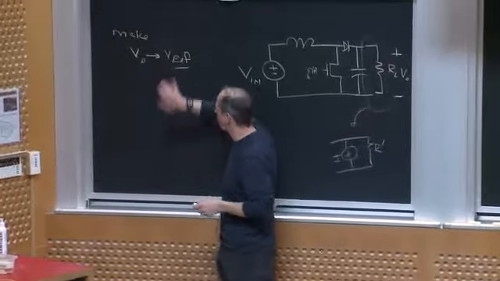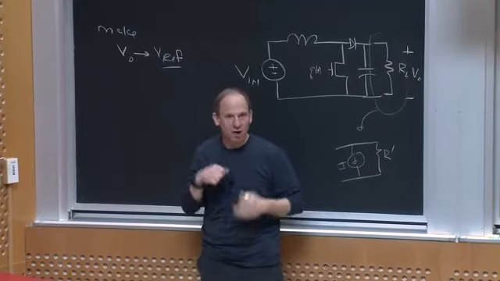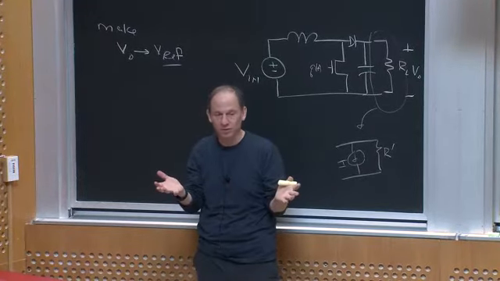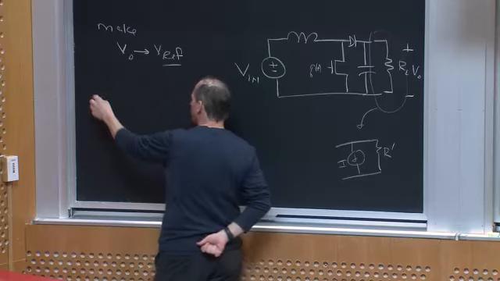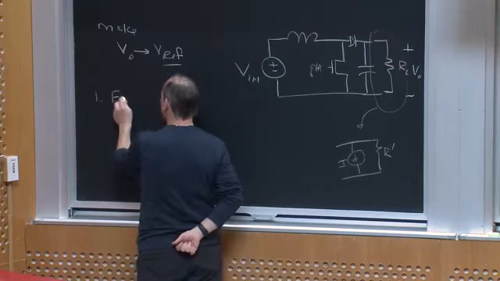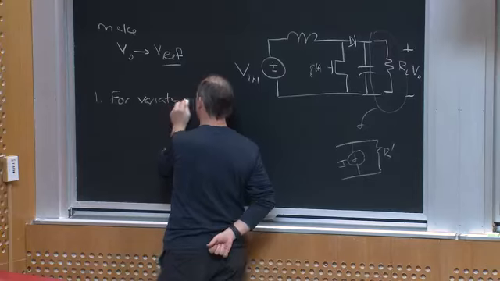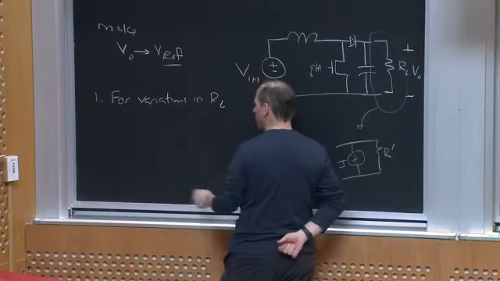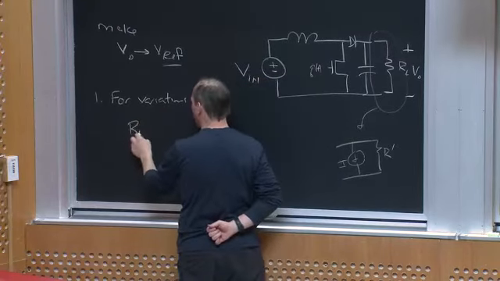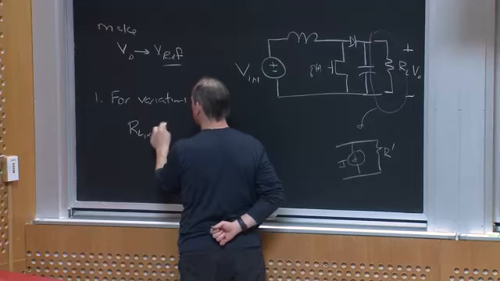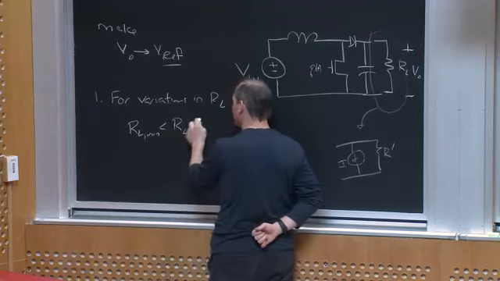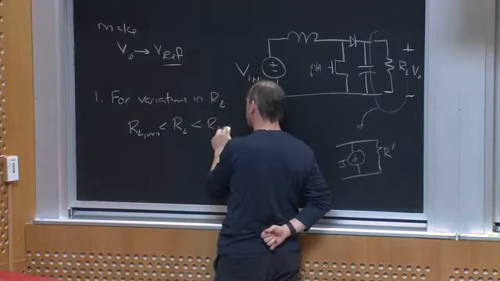And we have to keep the output voltage close to or at the reference voltage under a wide variety of conditions. And this is where power electronics is challenging. Firstly, for variations in load, so maybe I would have RL min less than RL less than RL max, right?